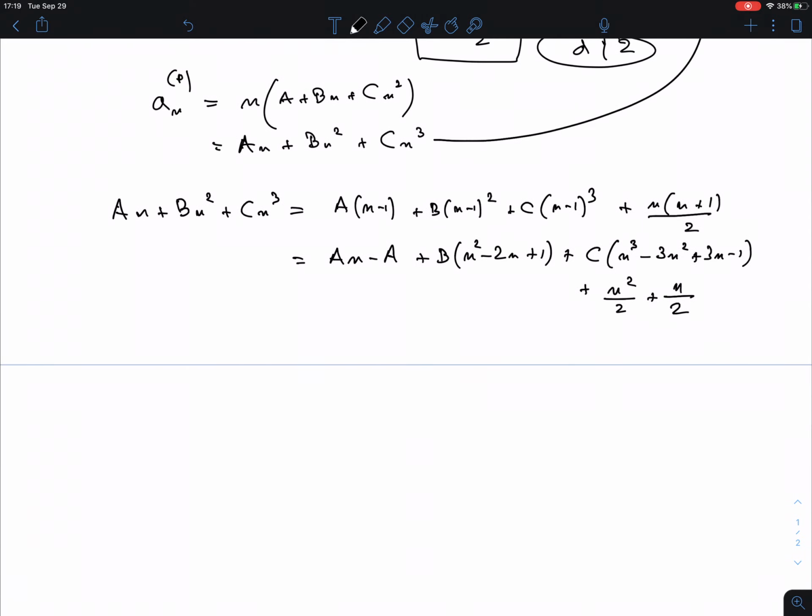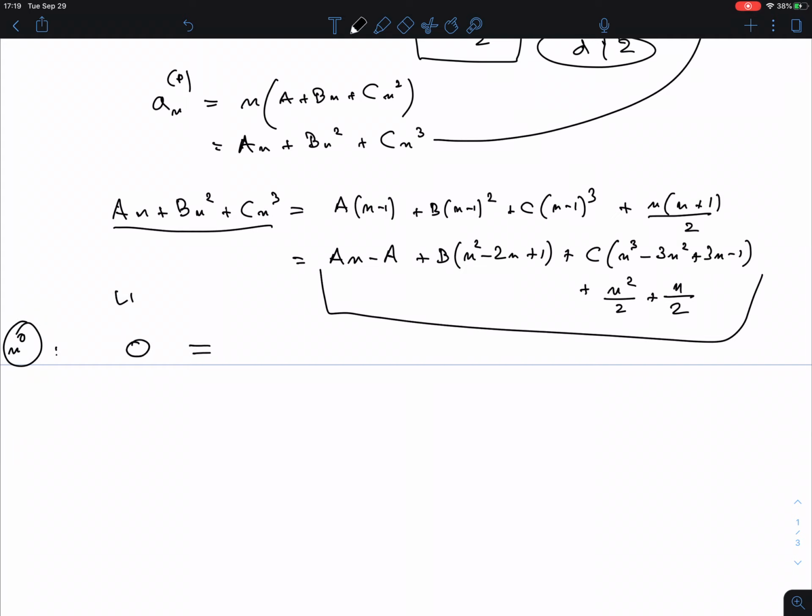Okay, so we compare this polynomial to this polynomial, meaning that the coefficients on the left-hand side must be the same as the coefficients on the right-hand side. For the constant, so for n to the power 0, there is none on the left-hand side, so that is 0, and on the right-hand side we have minus a plus b minus c, and that's it.